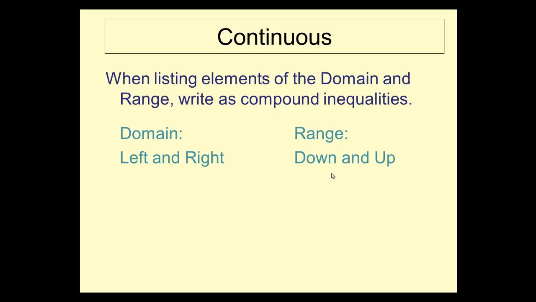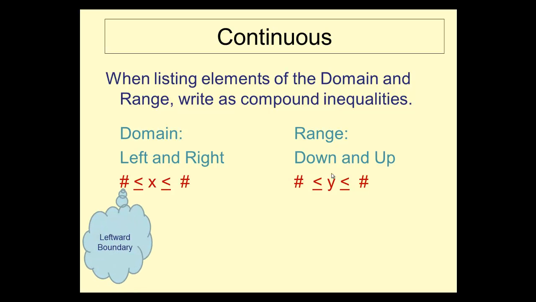The range is the y-axis, or y-values, so we're always looking from down to up, or from bottom to top of the graph, when we're finding the range. So your domain is always going to be written in this form: a number is less than or equal to x, and x is less than or equal to a number.